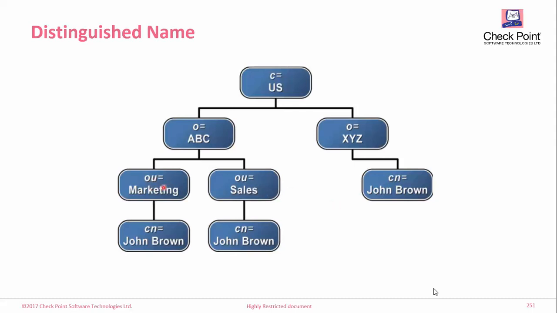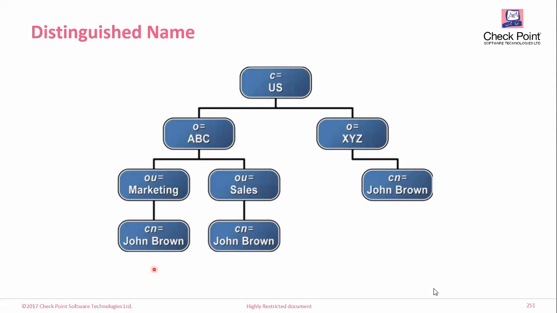Those are your different organizational units. Then it gets down to each employee in each one of those departments, and that's a common name here, all right? And you can even break down the common name for other things, like John Brown's email address or maybe a phone number, some contact information for him.